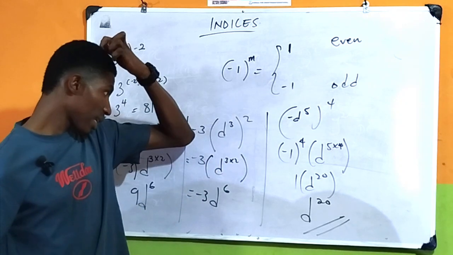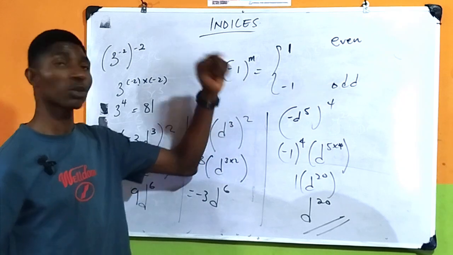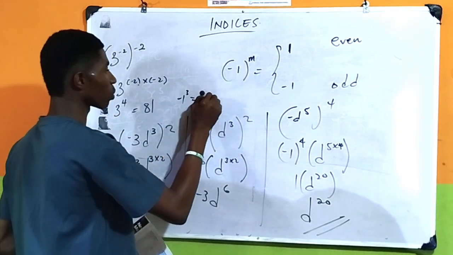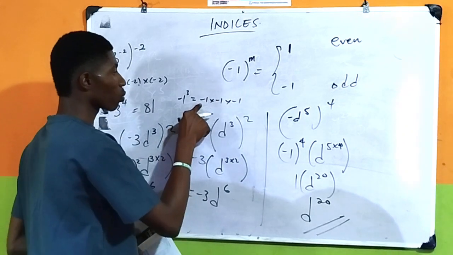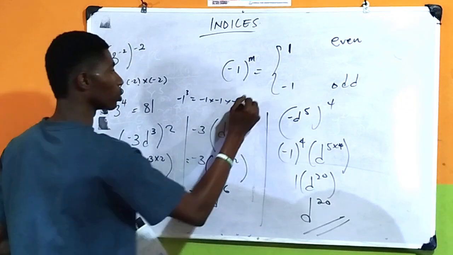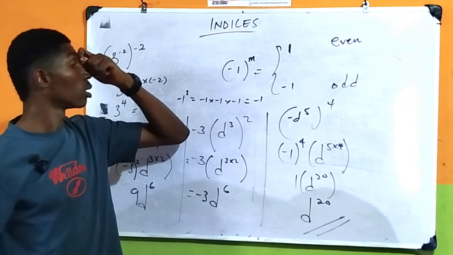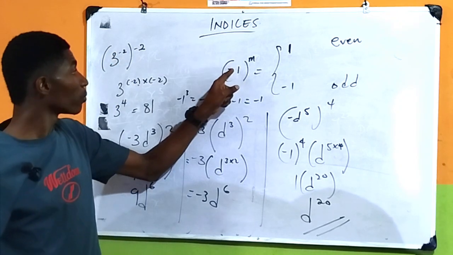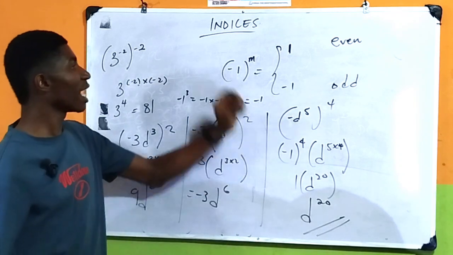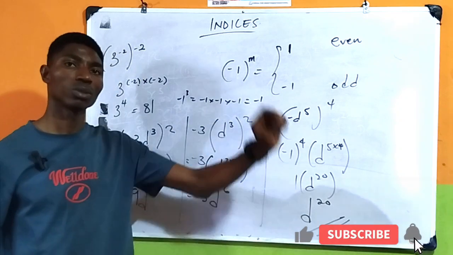But if we have an odd power, let's say minus 1 cubed, that is the same as minus 1 times minus 1 times minus 1. Minus 1 times minus 1 is 1. And 1 times minus 1 is equal to minus 1. So for any odd power of minus 1, the answer is always minus 1. But for every even power of minus 1, the result is always 1.